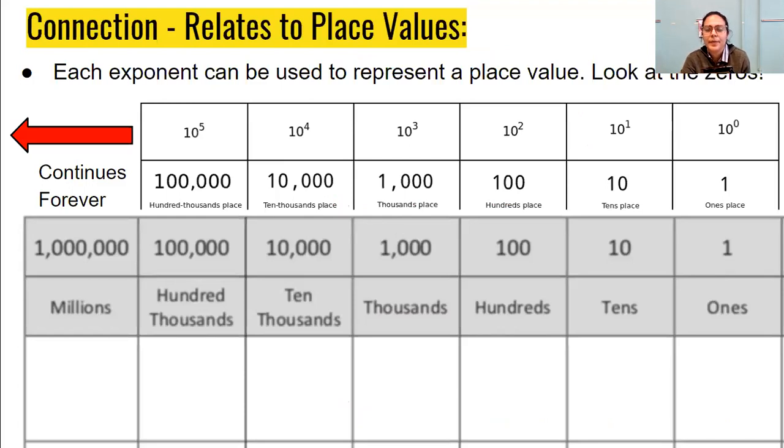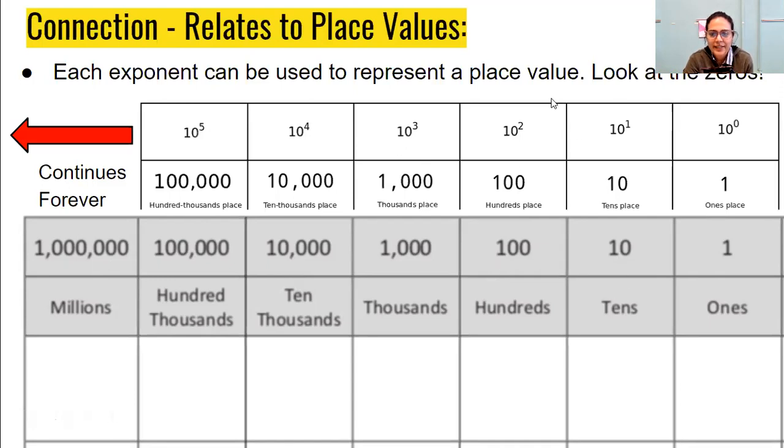So something to remember is that when we use the place value table, and I think you see me pointing to the right, but I'm pointing to the left, when you move to the left of the place value table, you're increasing. That means your exponent is increasing, right? 1 is equal to 10 times more than 1.